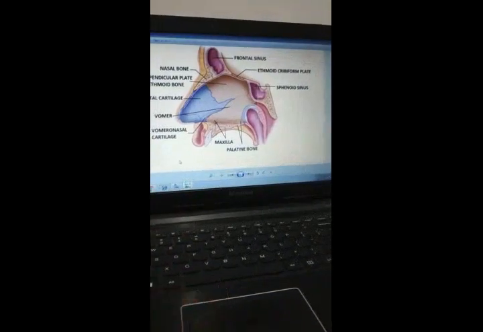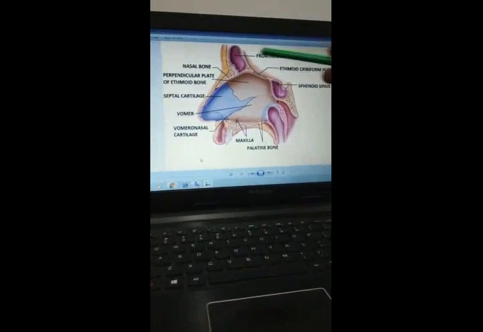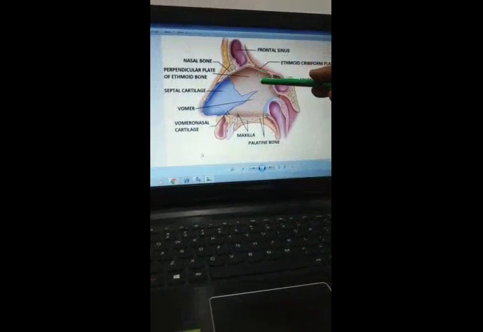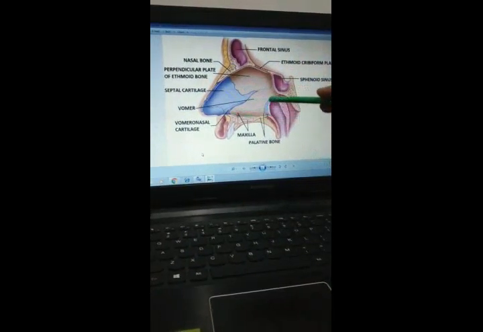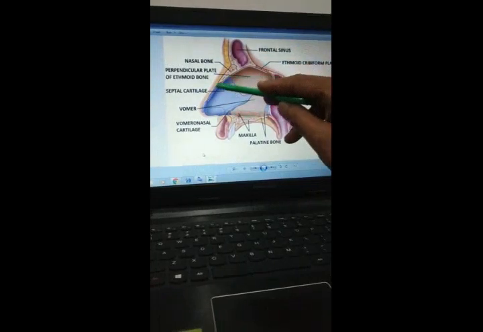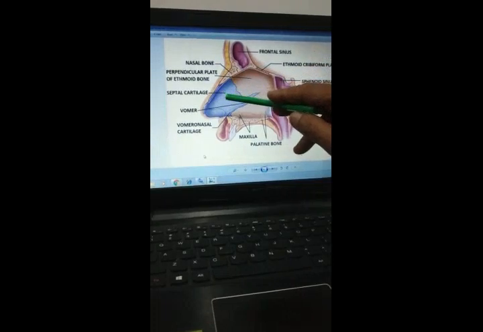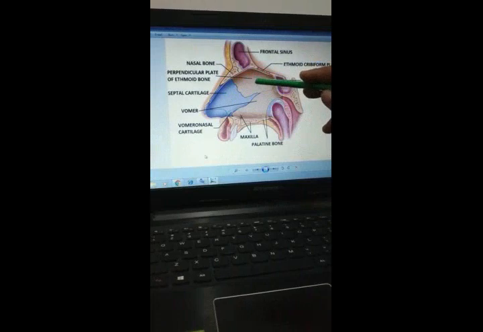Septal cartilage, just you see in the picture, this is the septum formed by these bony portions and this is the cartilaginous part of the septum. This is the quadrilateral or septal cartilage, and this is the bone, the ethmoid part.